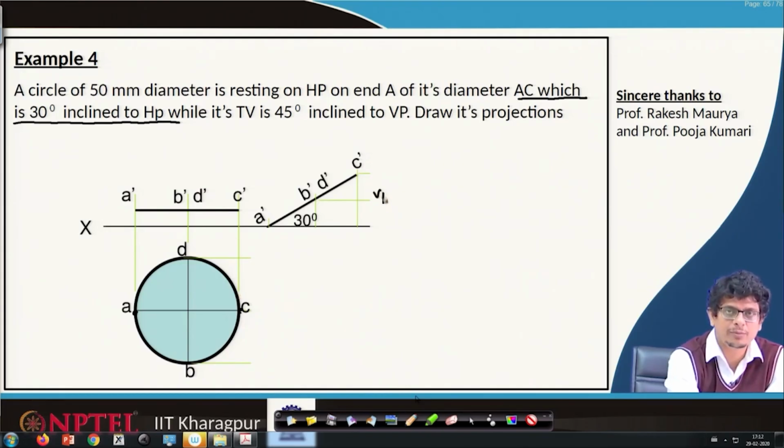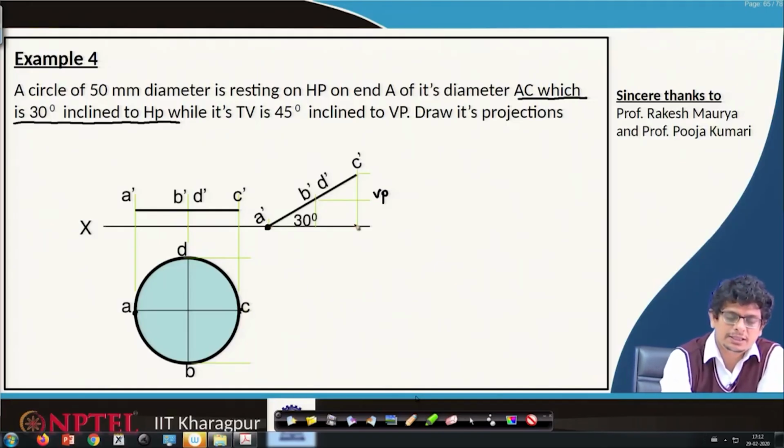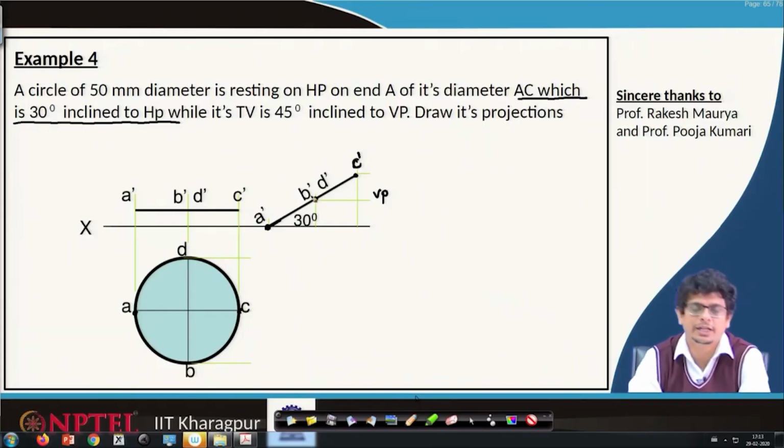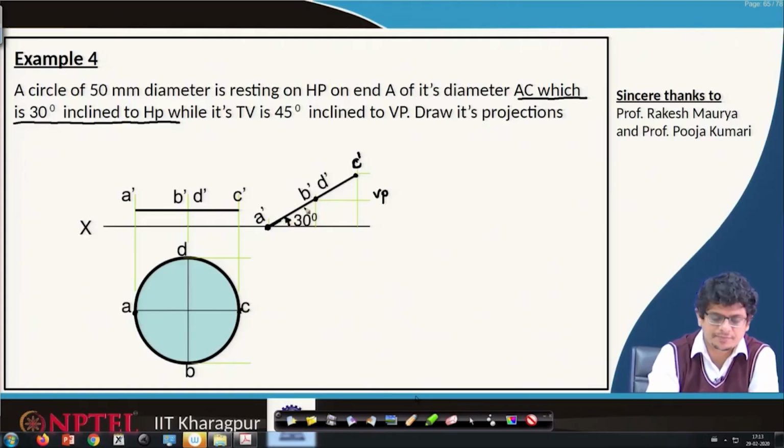So, this is the vertical plane here. A point remains the same at the ground level, C point goes to C prime. Now, join that diameter, the complete diameter we will see. So, that A prime to C prime we will rescale. The B, D points are at midpoints and these midpoints we will locate, and this A prime C prime makes 30 degrees.